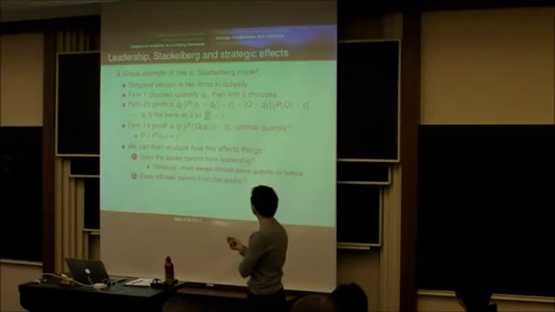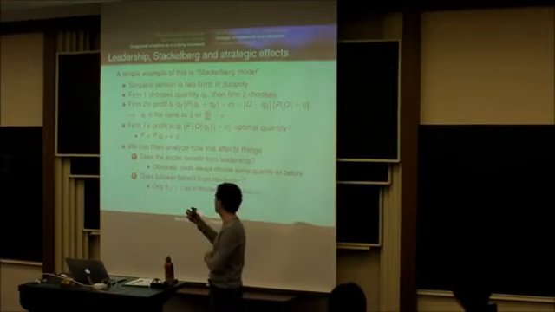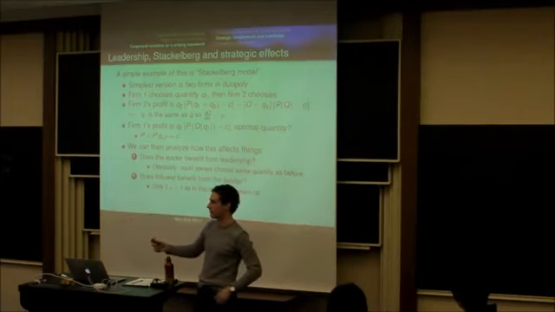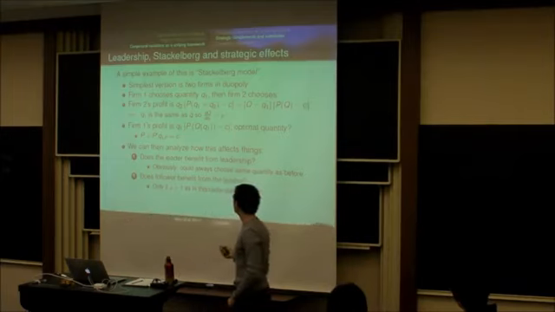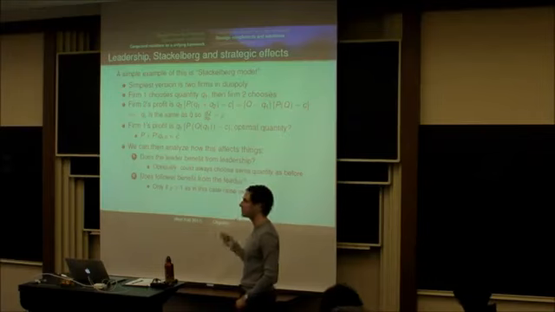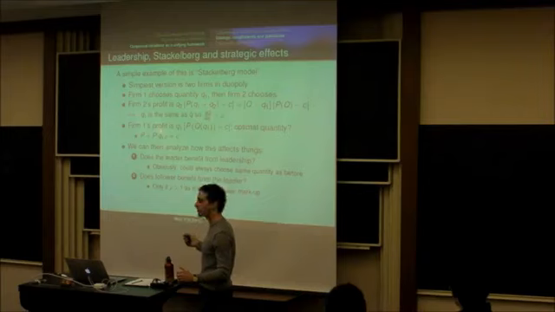And that's going to depend on whether the leader expects the follower to increase or decrease in response to an increase in quantity. If the leader expects that the follower will decrease, that is, if it's strategic complements and pass-through is greater than 1, then that's going to lead to an increase in the markup, and that will be better for the follower firm. Right?